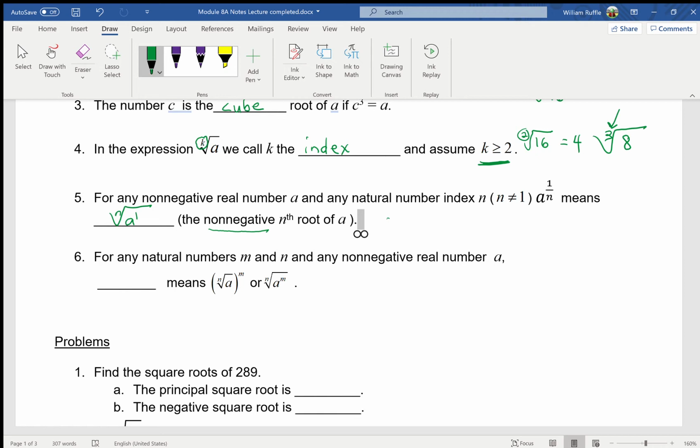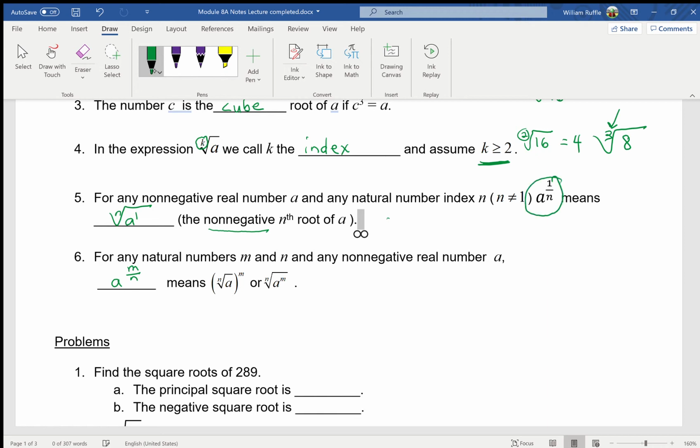Okay. And then for any natural numbers m and n, any non-negative real number a raised to the m over n is really the nth root of a to the m power. And so if we look at this, these two things go back and forth here.